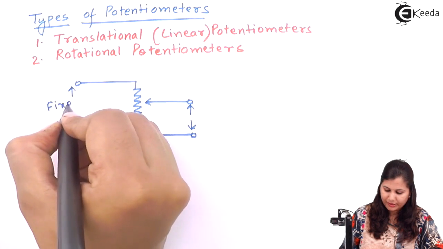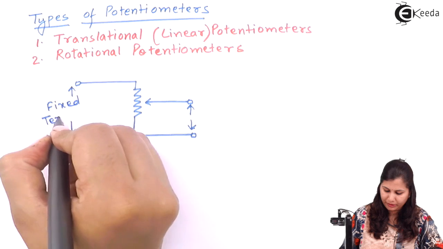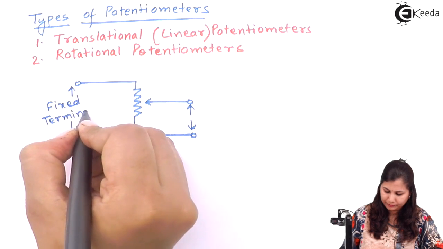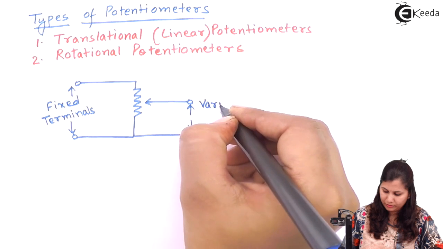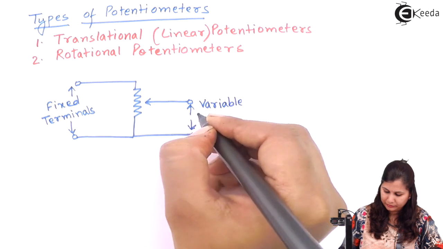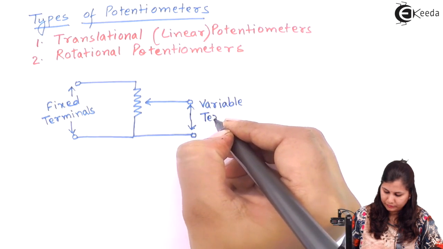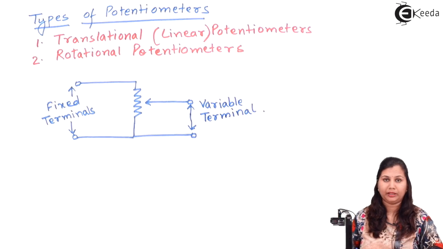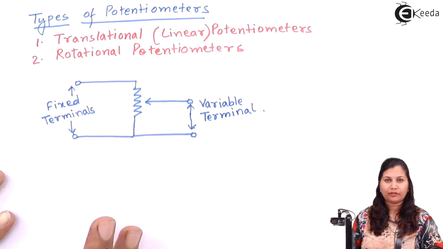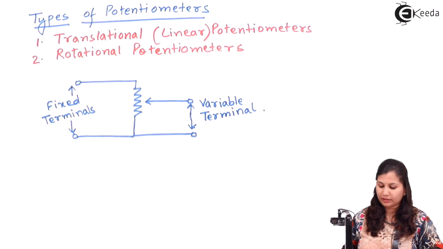These are the fixed terminals of the potentiometer, and this is the variable terminal of the potentiometer. So it is a generalized, or equivalent, circuit of a potentiometer.